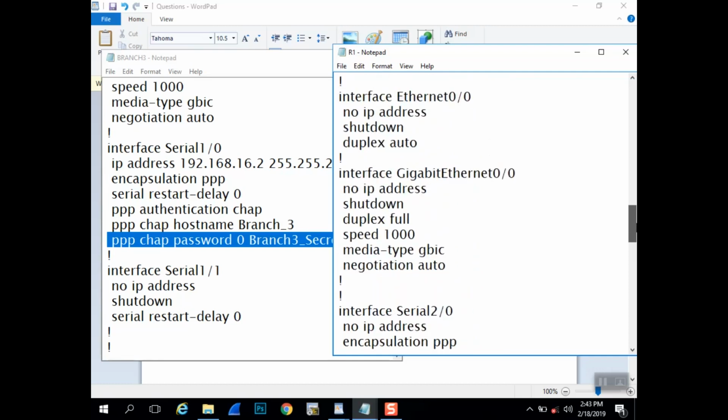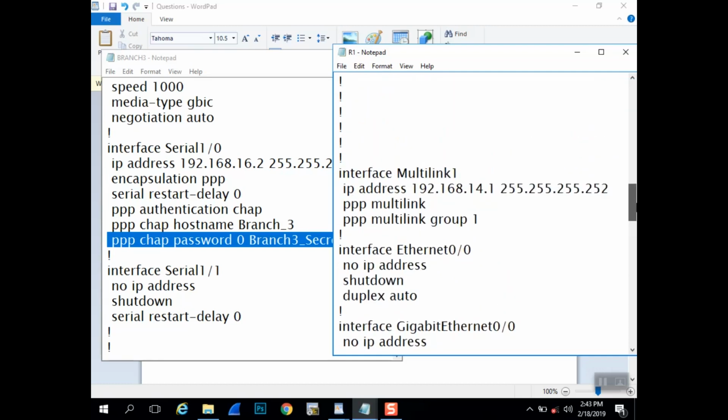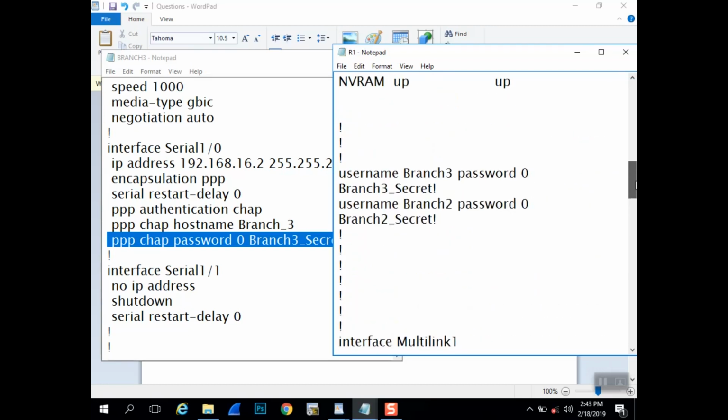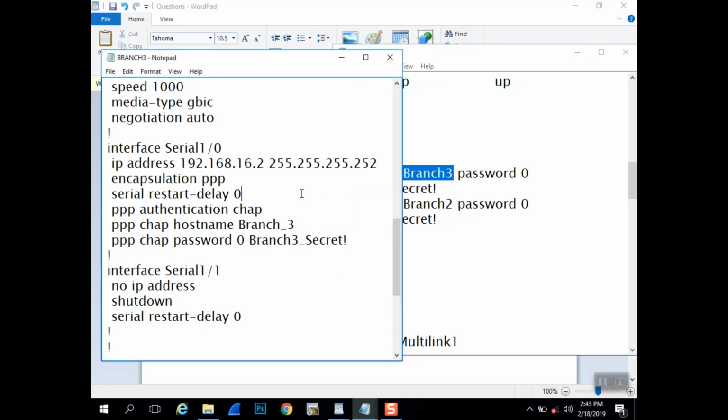And as you can see here in R1, it should have the hostname of branch underscore 3, but the config on R1 is only branch 3, and so that one would be our first choice issue for this.